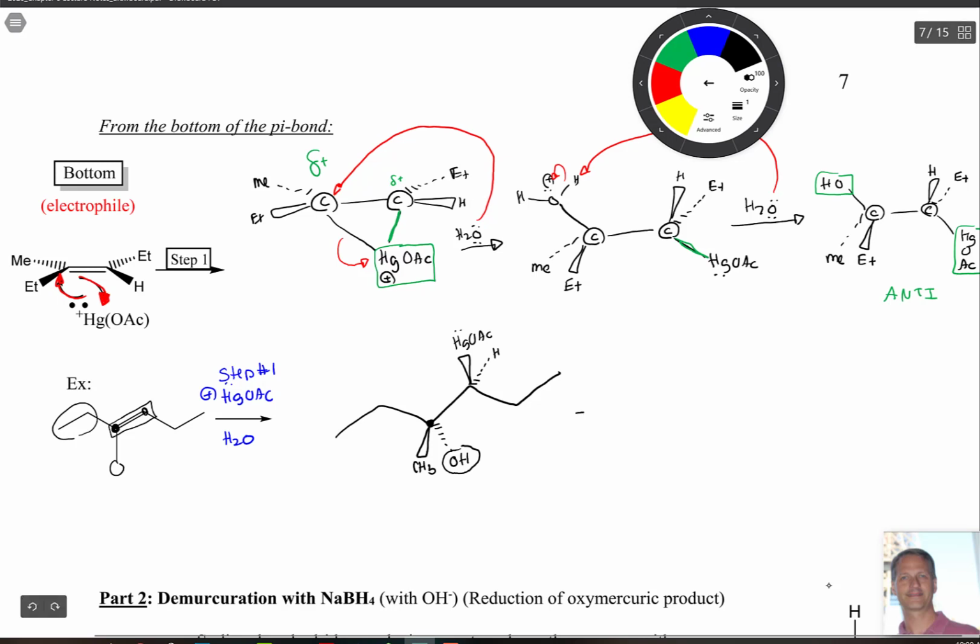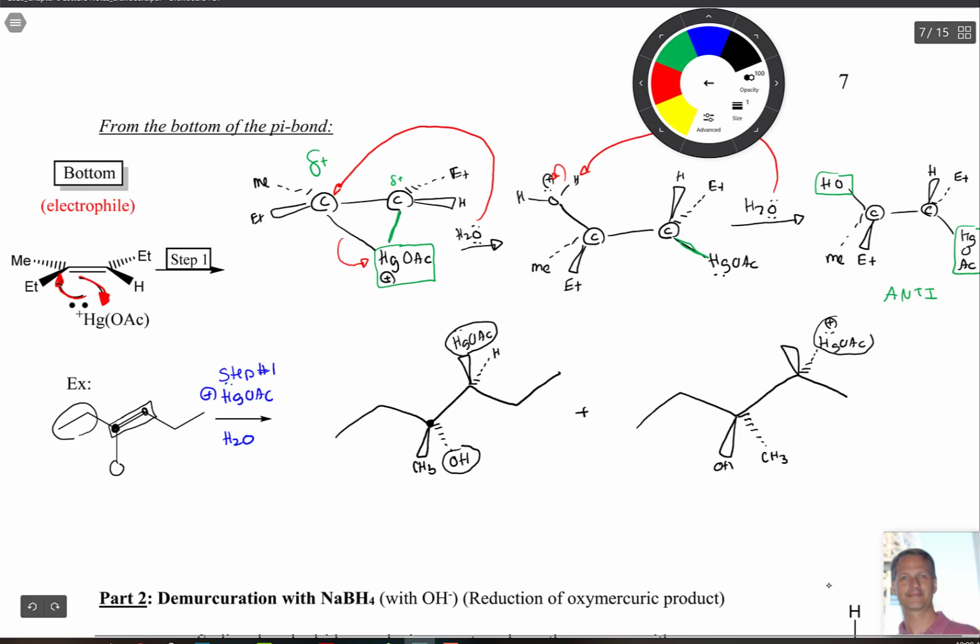Okay? So we can also do this from the other side. If we came over here, the OH group could be pointing forward. And if that's pointing forward, then that Hg needs to be pointing back because that's anti, right? So what I'm circling here, these guys are anti to each other.